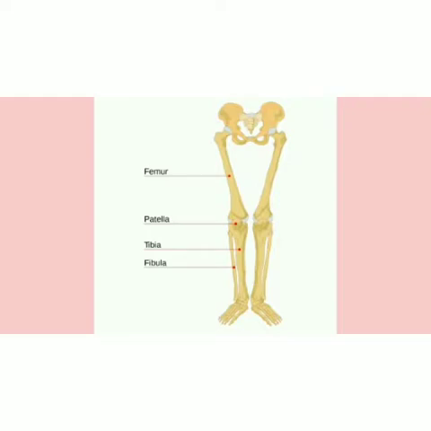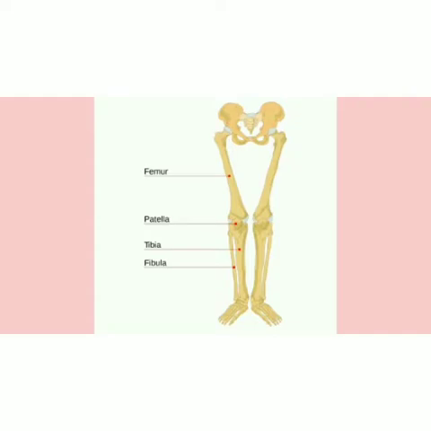The two long bones which connect the elbow to the wrist are called what? Radius and ulna. And in the wrist bone, palm and the fingers together we have 27 bones. So 27 bones in the wrist, palm and fingers, then radius and ulna 2 bones, humerus 1. So around 30 bones are there in one hand.